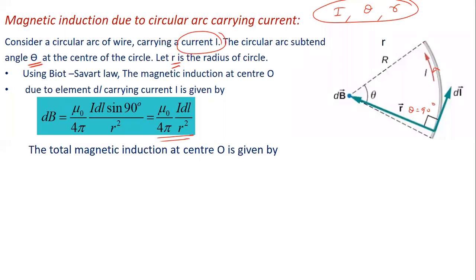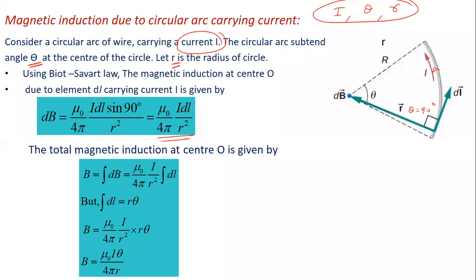Total magnetic induction at the center is given by integrating this smaller magnetic induction. So you can see here only the integration of dl. Integrating dl gives us this arc length.